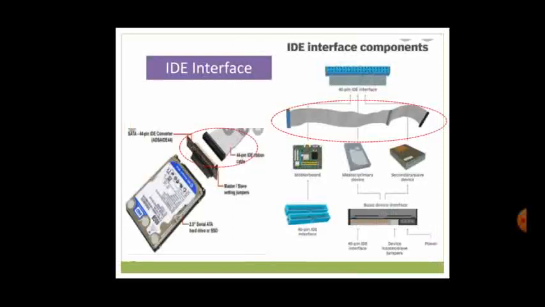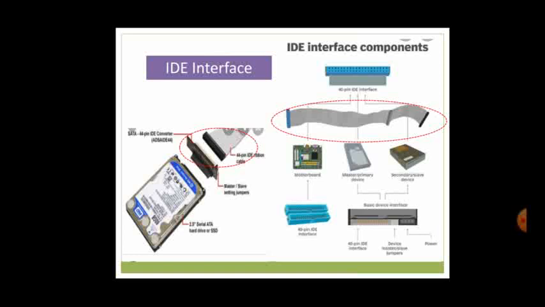Okay, next IDE. So as I told you that IDE is nothing but it is an interface. Okay, so this interface is nothing but a series of small micro wires, okay, combined together to form a single bus. Okay, so you can see that this IDE is connected to motherboard, here primary device, secondary device.